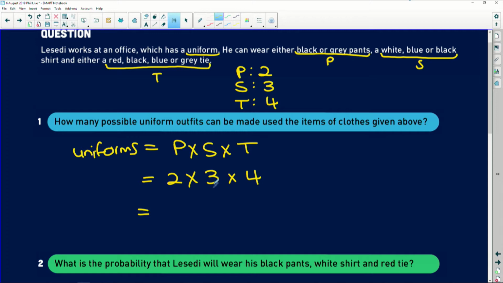So 2 multiplied by 3 is 6, multiplied by 4 is 24. So there are 24 uniform outfits. Okay. Hopefully that makes sense to you guys.